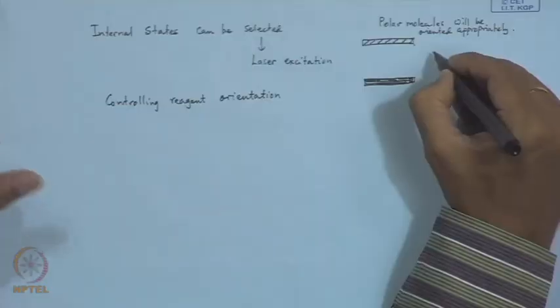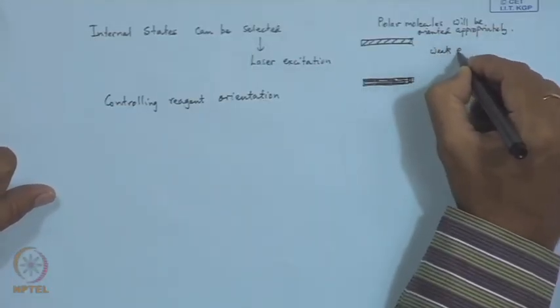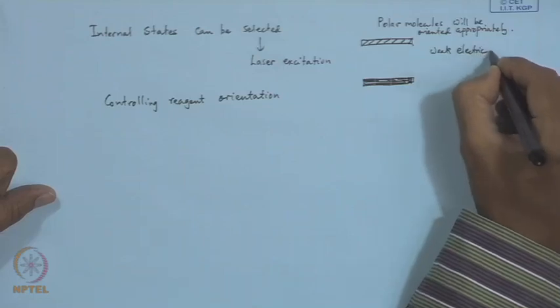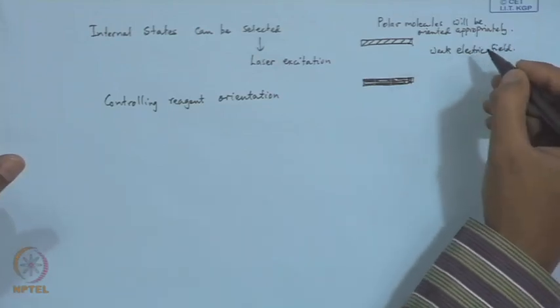So by a weak electric field you can get oriented species.